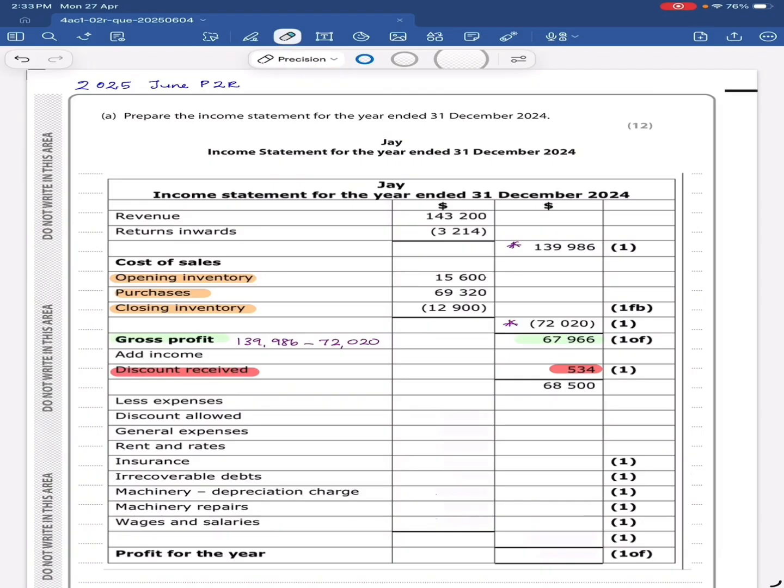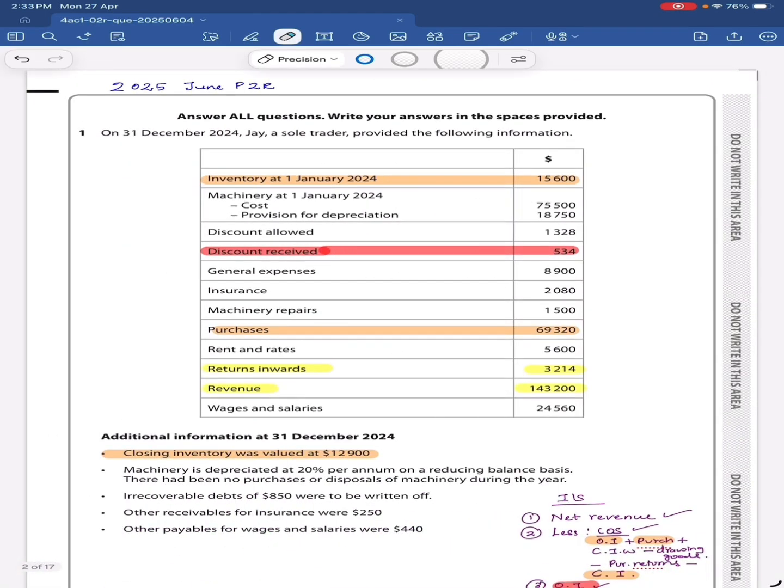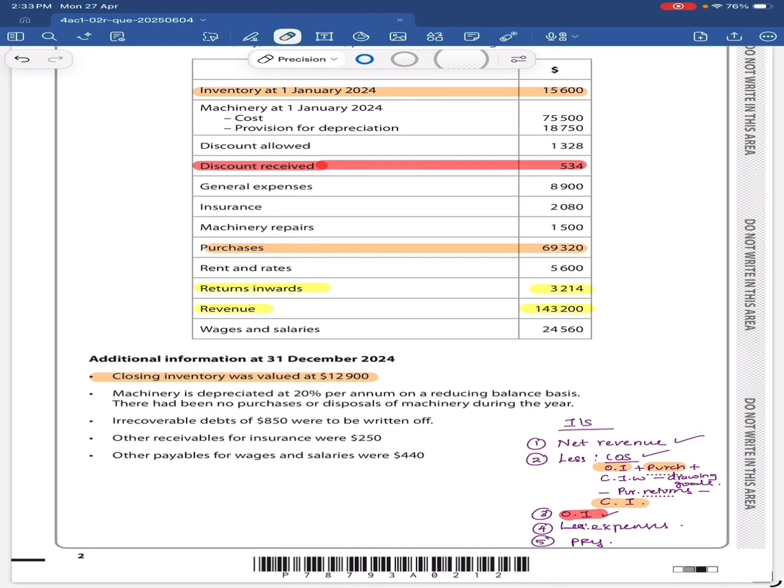Now let's complete the expenses section. Let's resolve the additional information before we move into entering the closing balance of expenses. So machinery is depreciated using the 20% reducing balance method, and there had been no purchases or disposals of machinery.